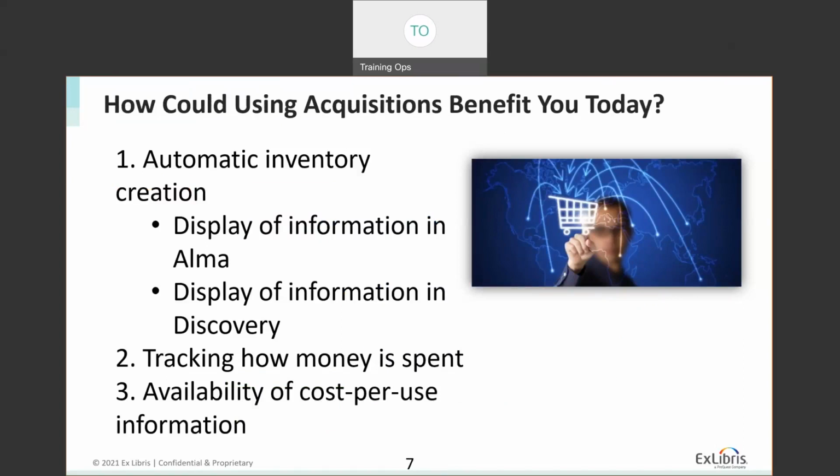Also, getting cost per use information. If you don't use AC, you will not get cost per use, because that's the whole cost part. And that helps you make your decisions for purchasing, renewing materials, what's being used, what isn't, as you move through each fiscal year.